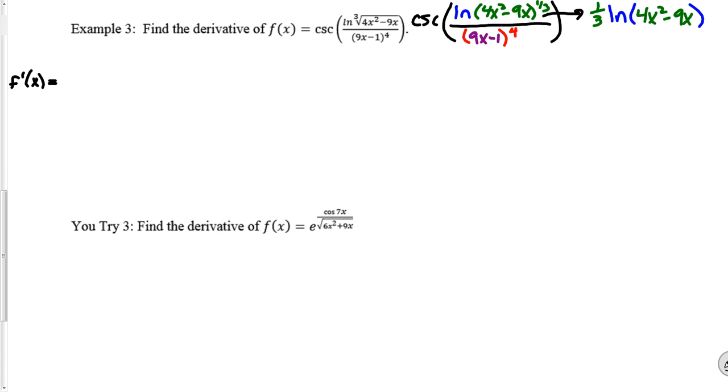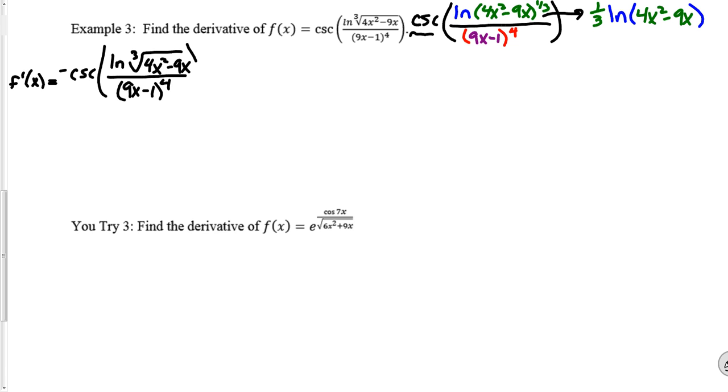Okay, so my derivative is going to be, first I need to deal with this outside. The very outside part is my cosecant. And the derivative of my cosecant is negative cosecant cotangent. So it's going to be negative cosecant of the same thing, natural log of the cubed root of 4x squared minus 9x over 9x minus 1 raised to the 4th.